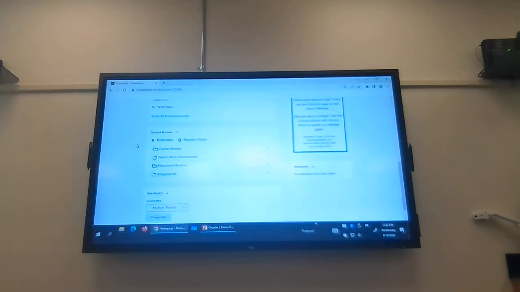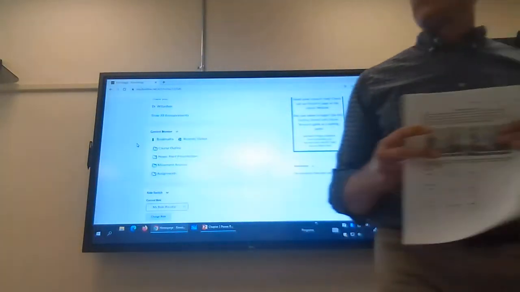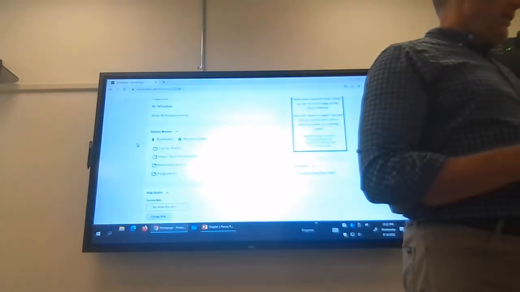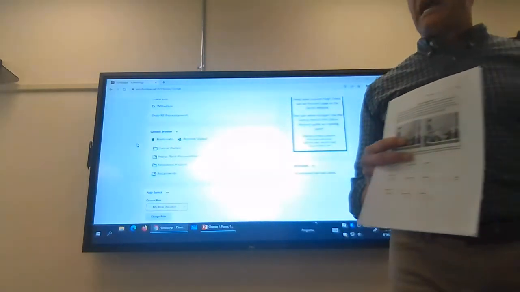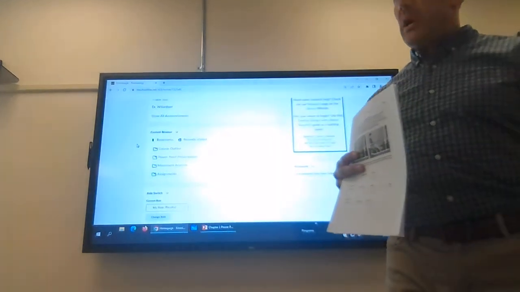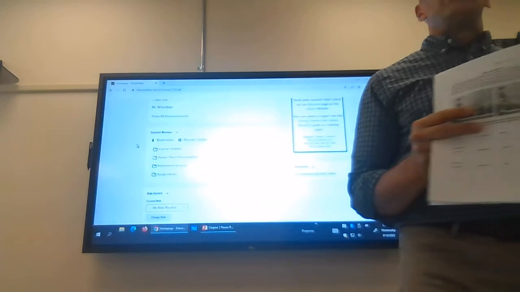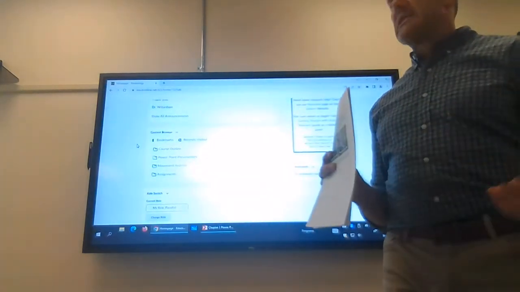We'll do several of these movement analyses, and it's a good warm-up activity, and we'll keep coming back to this because it's the study of movement. So we want to be able to accurately identify joint actions, muscle actions, prime movers, planes, and axes.